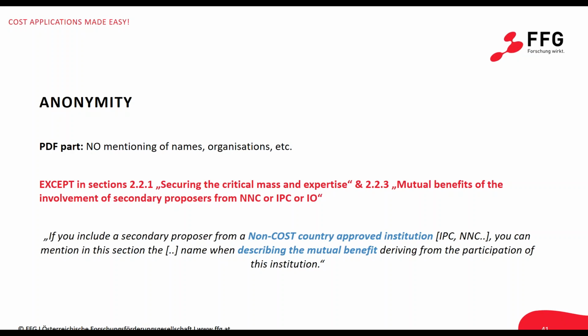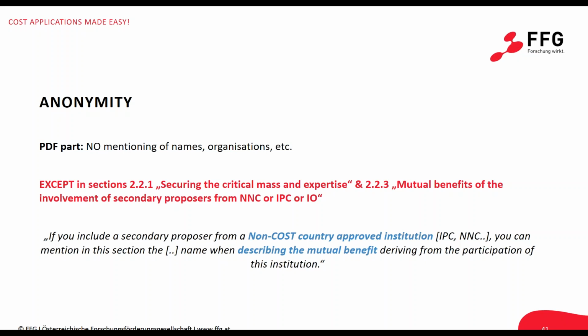Also, don't use any connections to previous projects or associations, where it's easy to say, okay, this is the same network that was involved in this or that project. Nothing like that. There should not be a chance to learn who the partners in your network are in the PDF part.